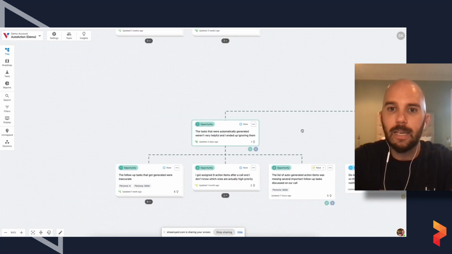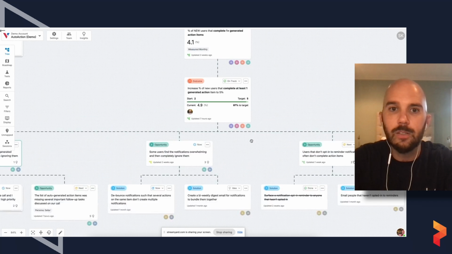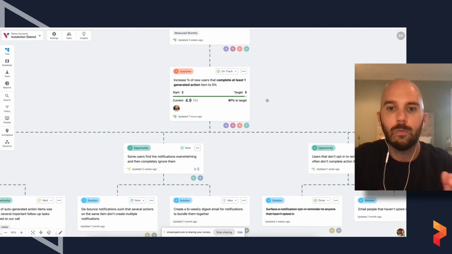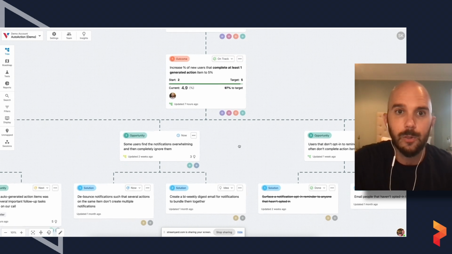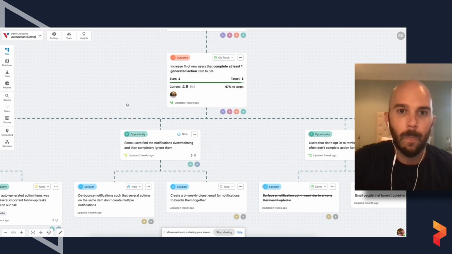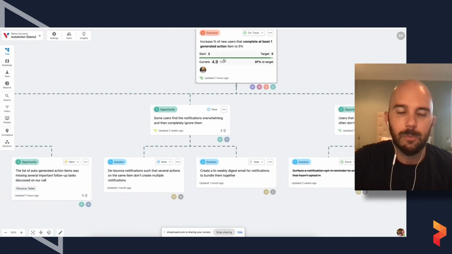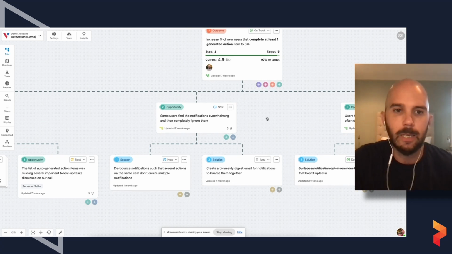And then you can take that and say, okay, cool. Given this goal, you have your opportunity solution tree under it, right? It's like, what are the problems that we might solve for users that are going to help us hit this outcome? And so, yeah, Vistaly supports the entire opportunity solution tree process.